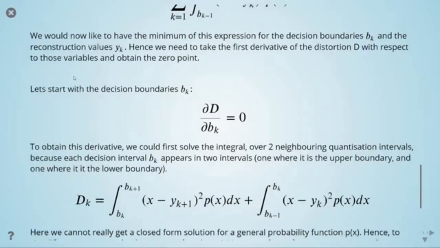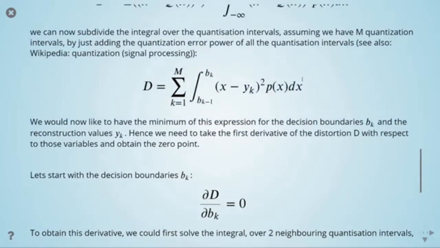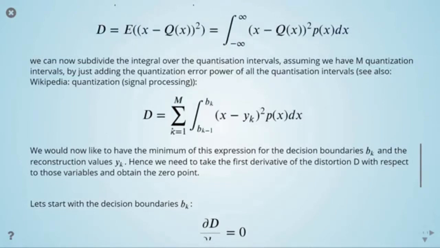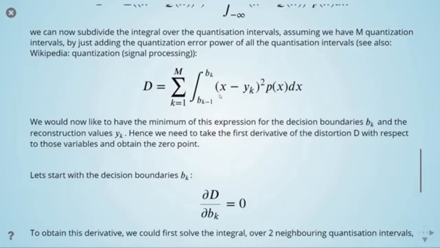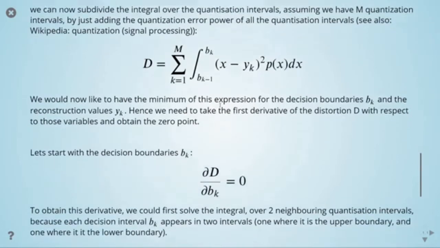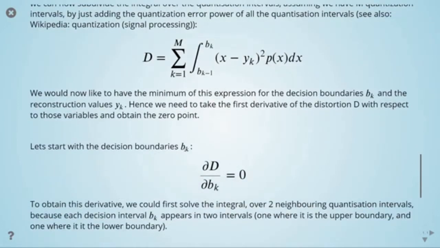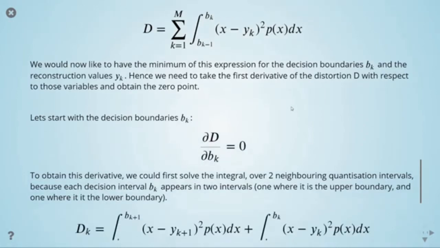Let's start with the decision boundary b of k. We want to find the minimum of this equation here for b of k and y of k. What we do is take the derivative with respect to those variables. We start with the decision boundaries b of k, so we take the derivative of this equation with respect to b of k, and we set it to 0 to obtain its zero point.